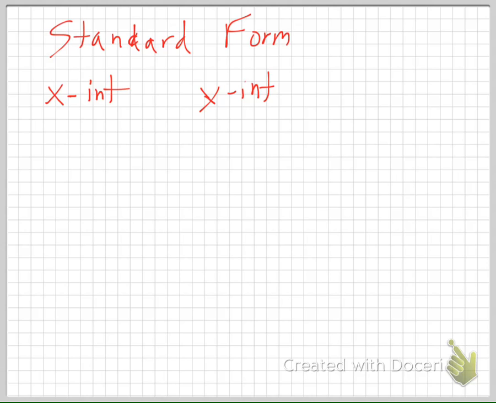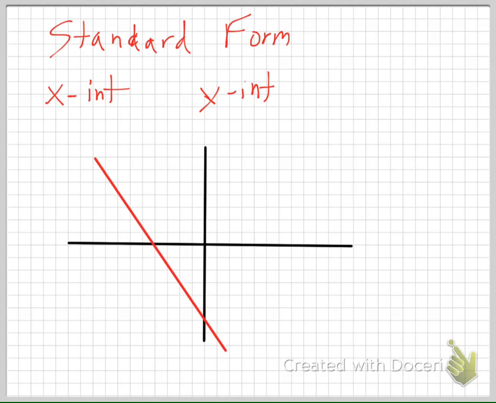x-intercept and y-intercept mean if I have a graph and I have some lines, so let's do this line here, and I'll do another line over here.